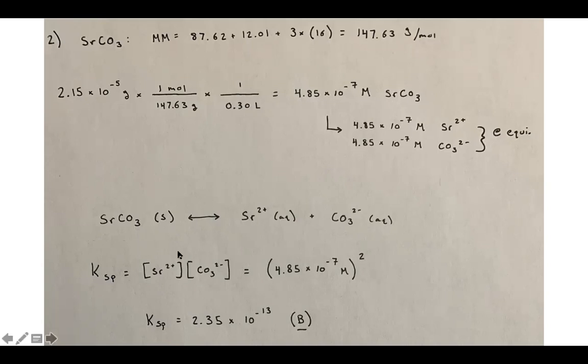And they're both raised to the first power because they both have a coefficient of 1 in my balanced chemical equation. And so what I'm basically doing here is I'm just going to be taking 4.85 times 10 to the negative 7th and squaring it, right? Because I'm basically just doing the concentration of strontium times the concentration of carbonate. They're the same, so I multiply them together by squaring it. And I find that the Ksp for this would be 2.35 times 10 to the negative 13th.